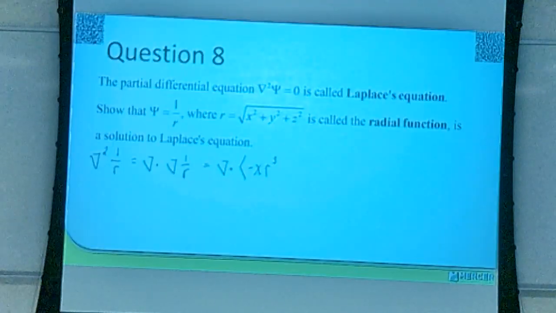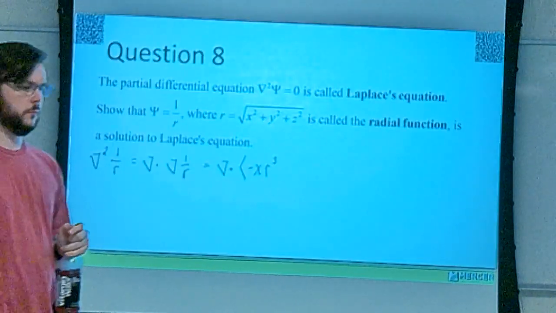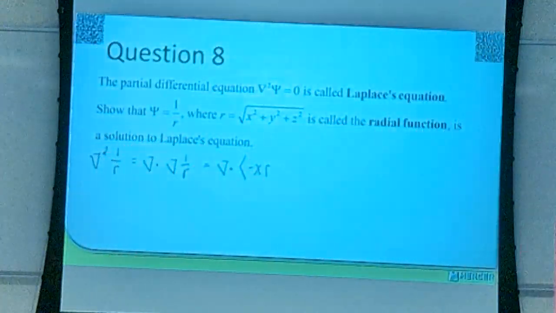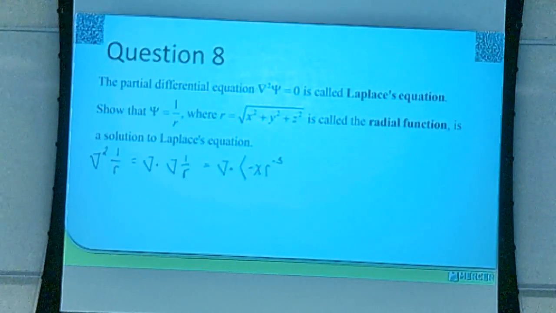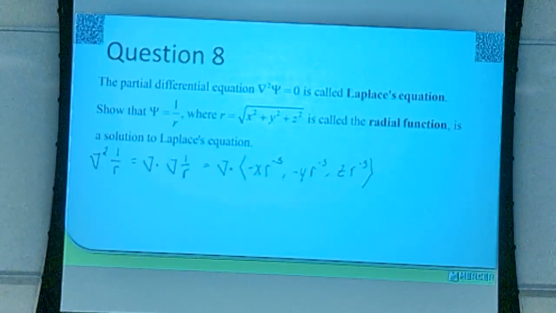I don't feel like writing out that square root every single time, so I'm calling it r. That should be negative z. Oh god, this is hideous. That's right, I remember this one now. This is awful.